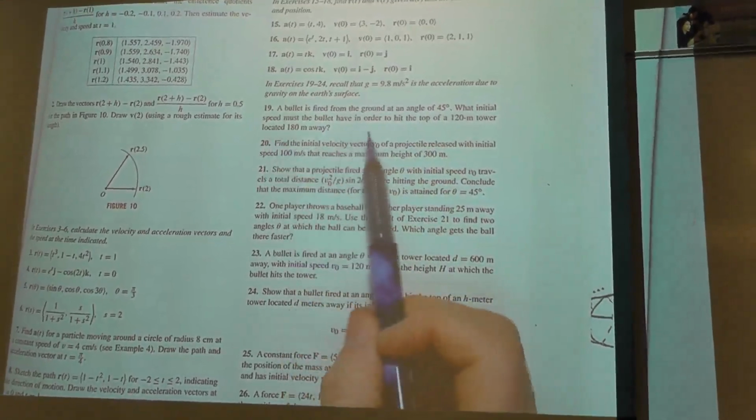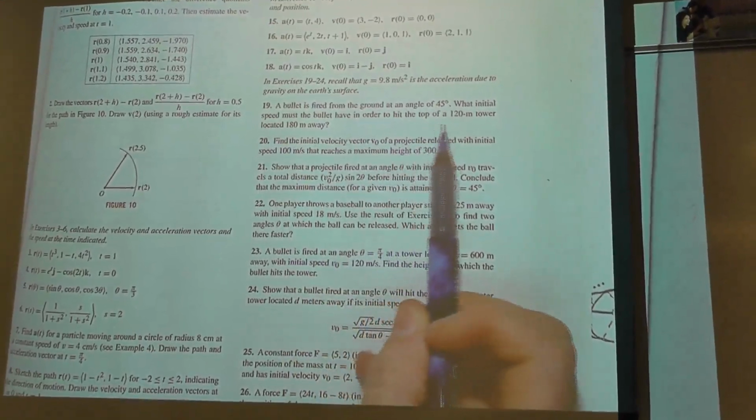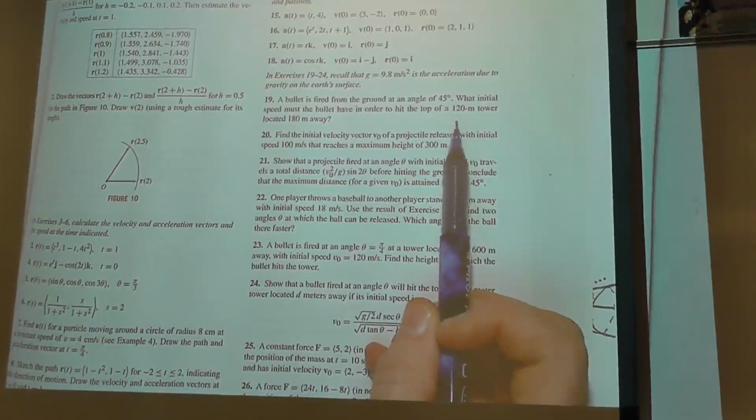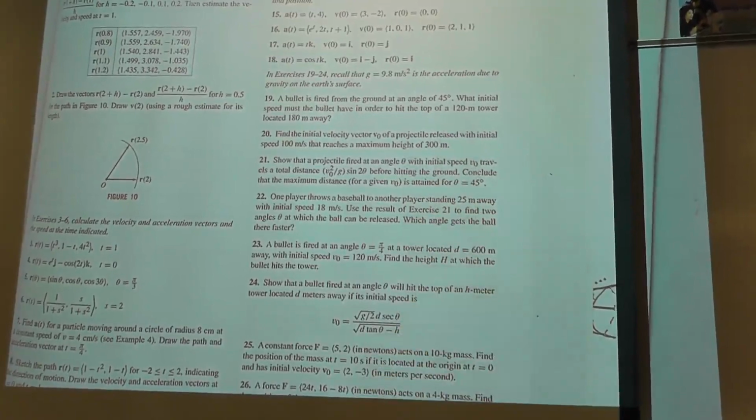What's the initial speed of the bullet in order to hit a target located so and so far away? The thing you have to be careful with here is that your functions are describing motion in more than one direction.